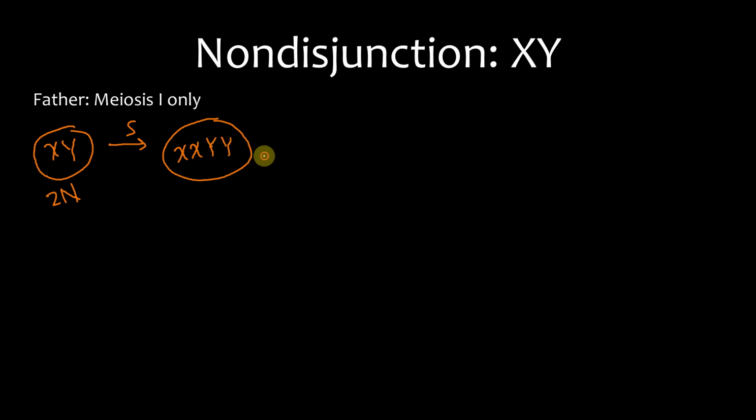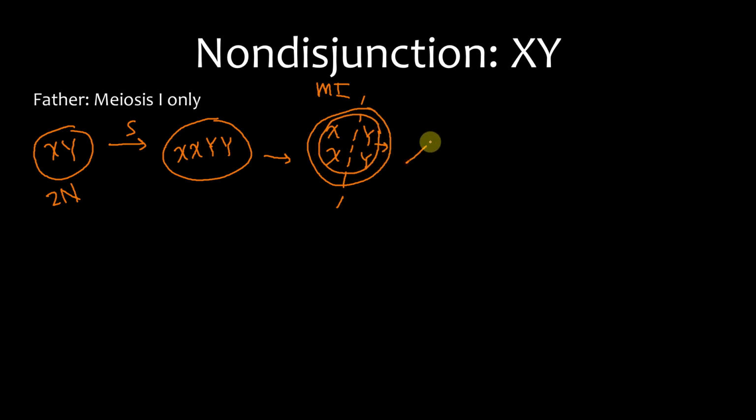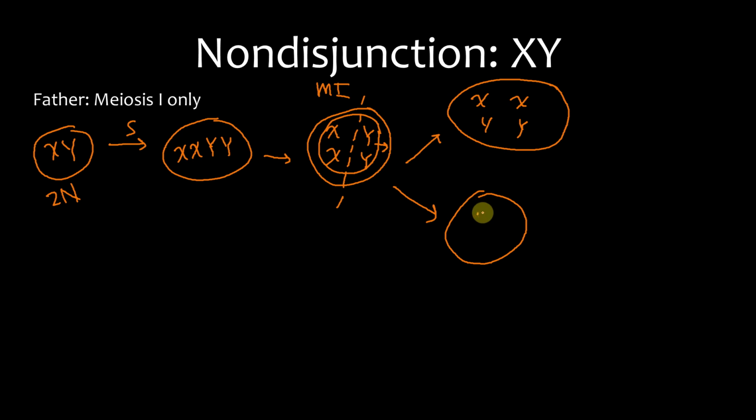Okay, and then we go to metaphase 1, and these are lining up just like how we would expect. X, X, Y, Y. But instead of these going on their merry way this way and this way, all of them go that way. So we get one daughter cell that is exactly the same, right? And one that has nothing.